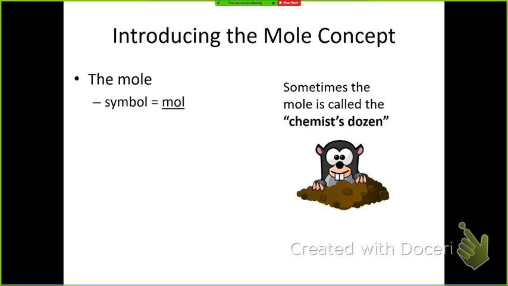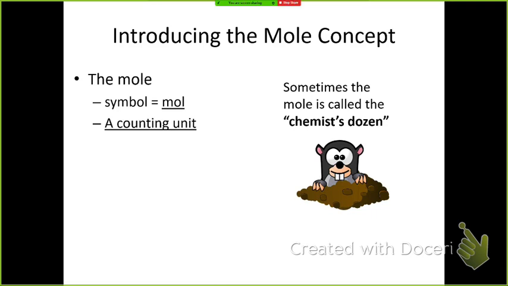We can't use M because that's meter. We can't use M-O because that's month, or it's used elsewhere. So we go with M-O-L. That's our abbreviation. So if you see MOL, that's just the abbreviation for mole.